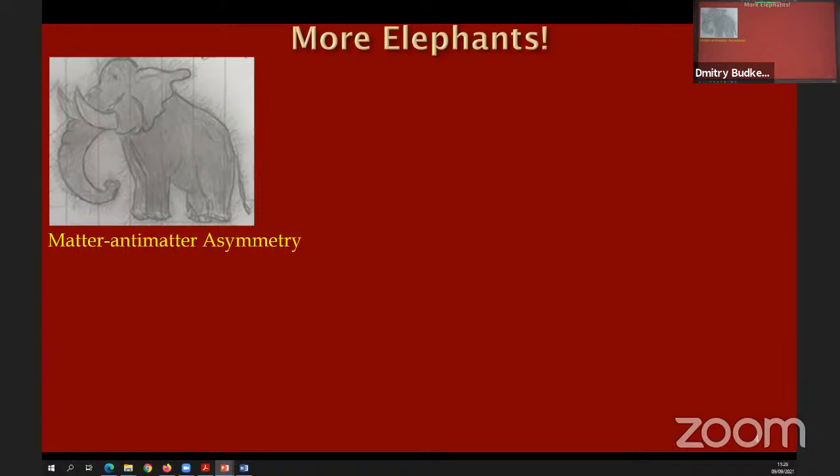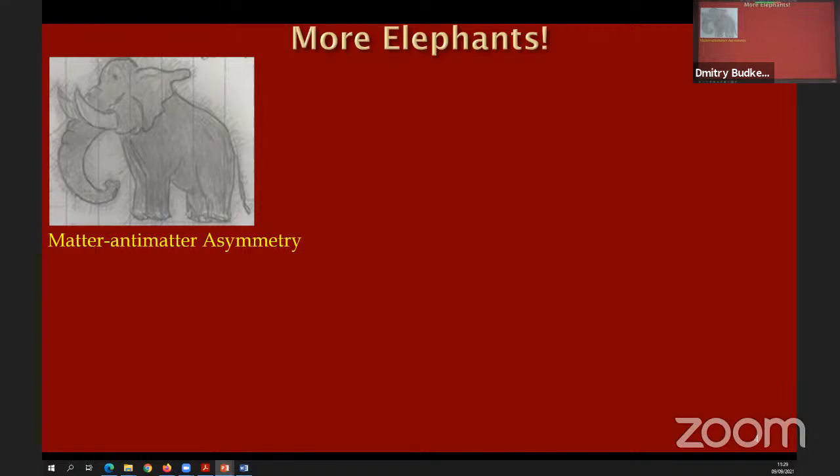And then the question is, why is it that everything is matter and there is no antimatter? Very little. When Dan Brown had to write his book about antimatter, he had to place it at CERN, because very few antimatter particles come to us in the form of cosmic rays, but basically all universe is made out of matter, apart from dark matter, of course. So where's the antimatter? If they're so symmetric, where is it?